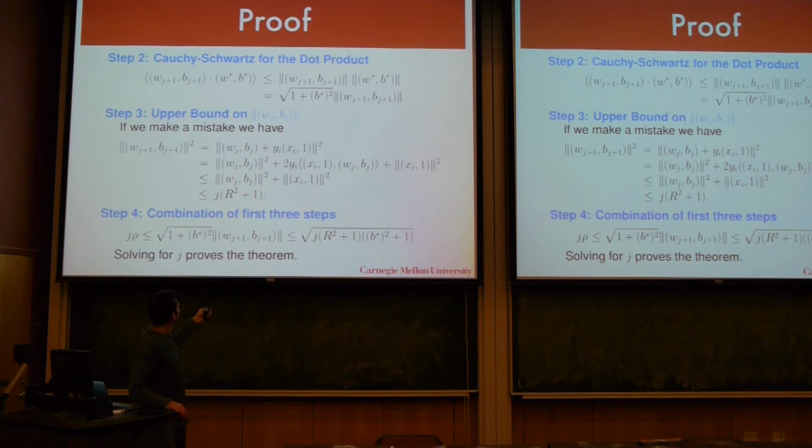Okay, so this is the old norm, and this is the term where we know that we made a mistake, right? So we know that this is less or equal to zero, otherwise we wouldn't have updated.